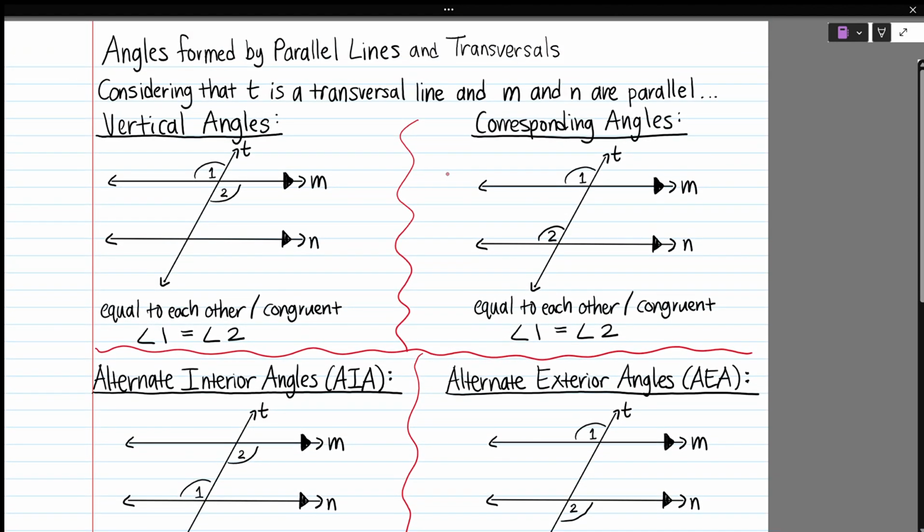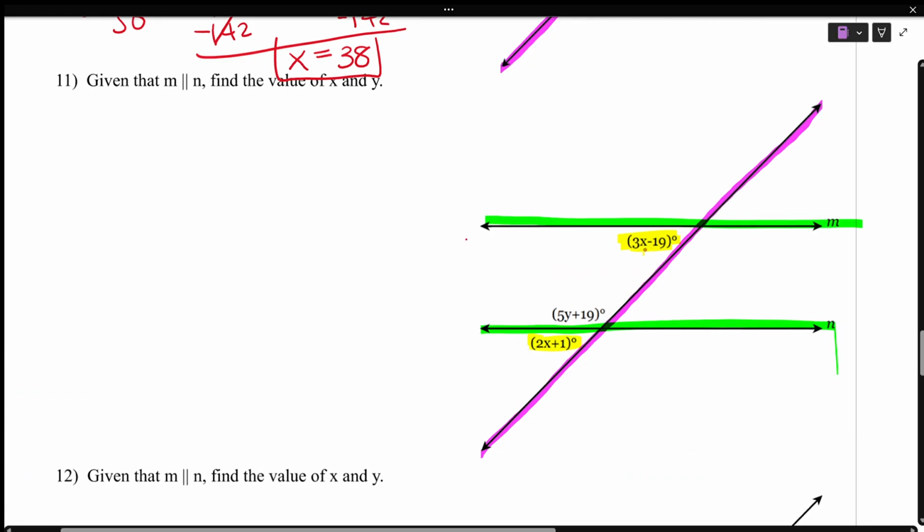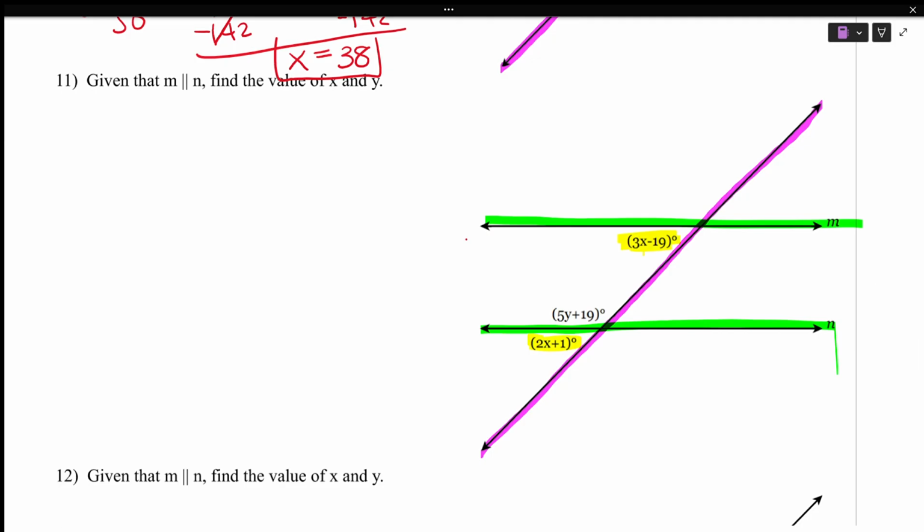So you're looking at the x. They're both in similar positions, just on different lines. Those are corresponding. We already know that corresponding angles are equal to each other. Sorry, my pen is acting up. So you just have to set them equal to each other. I'm going to go ahead and solve for x here.